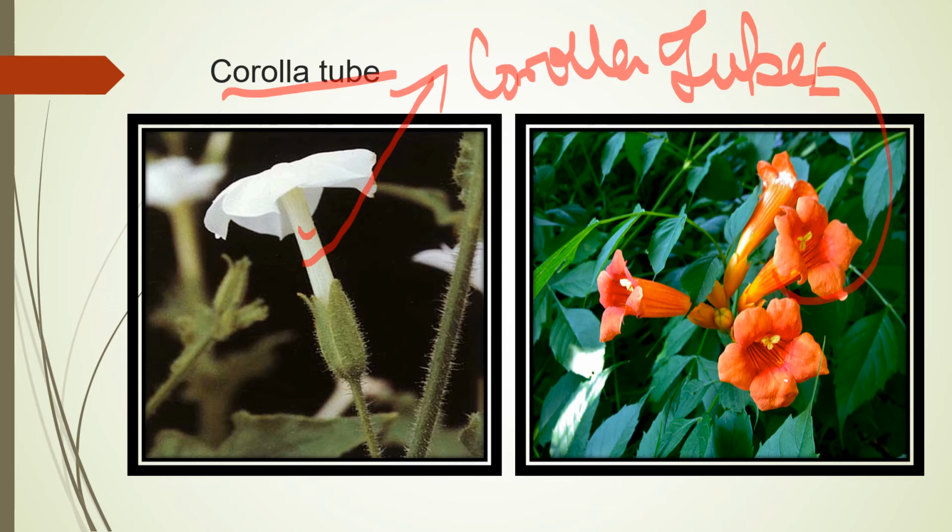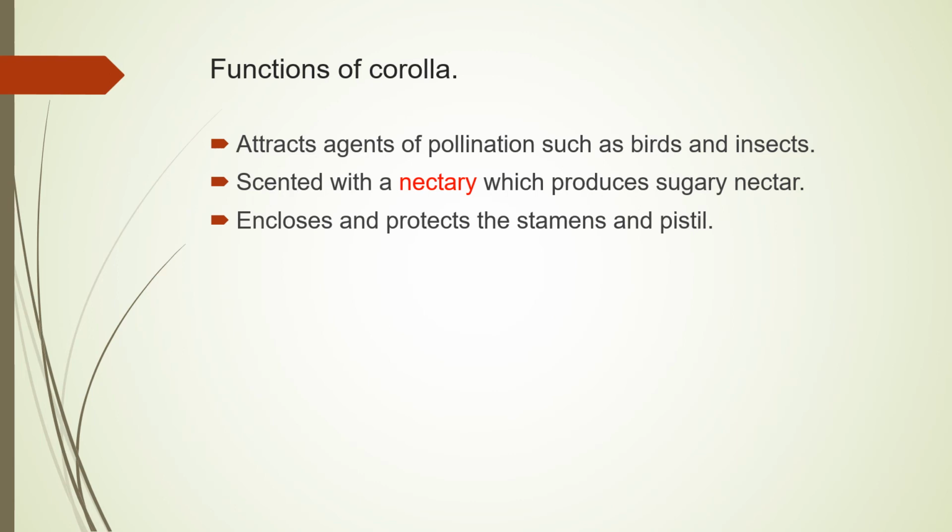Now let us move on to the next slide where we will be discussing the functions of corolla. What are the main functions of corolla? It attracts the agents for pollination such as birds and insects. It is an attractive, bright colored part which attracts birds and insects, and it is scented with a nectary fluid which produces a sugary nectar.